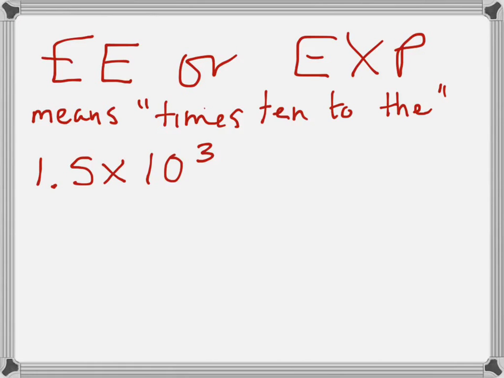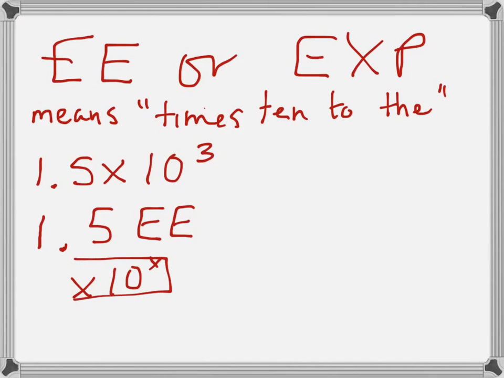So to enter this in your calculator, you press the 1 button and the decimal point and the 5, and then the EE. Some of you may have an EXP instead. That's okay. Occasionally you'll see a calculator that has a times 10 to the something button. Let me know if your calculator is different, and I can help you.